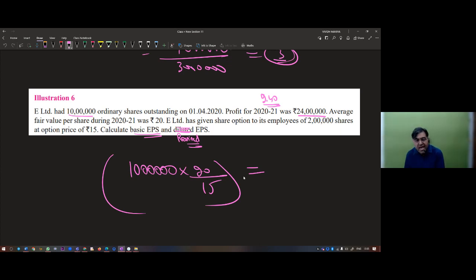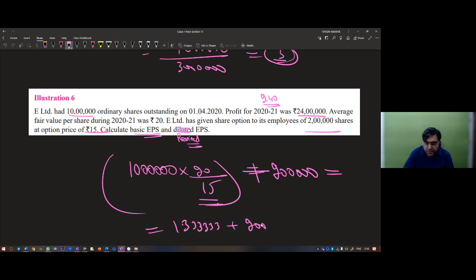So the average price per share changes. Plus 2 lakh shares at 15. This will be 13 lakh. There is some error in the question. We'll resolve the error later on.